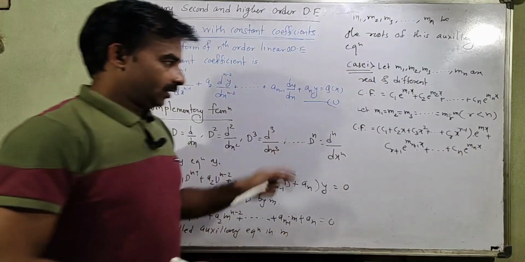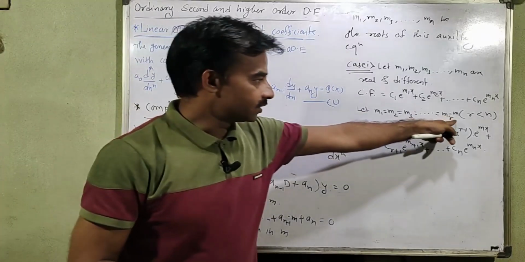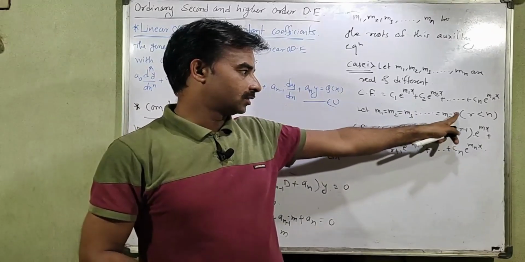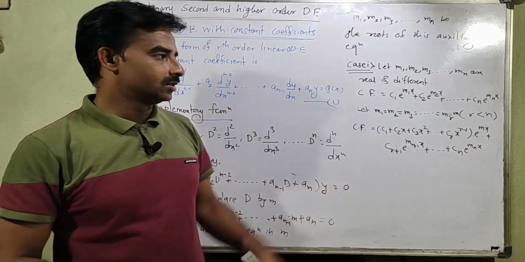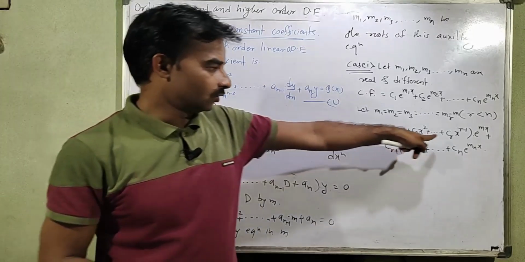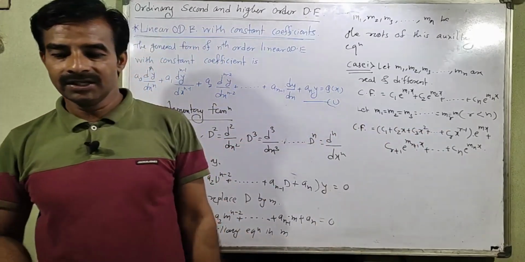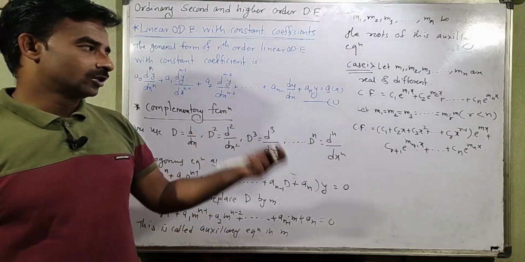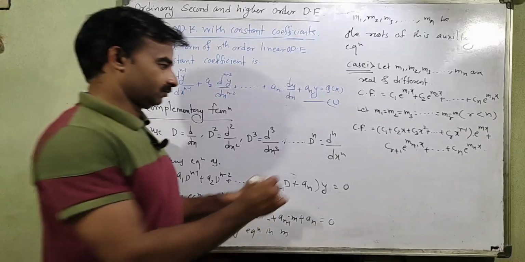When some roots are the same, that means m1, m2, m3 and so on up to mr are equal to m, then we go with this complementary function. We particularly go through just two roots being the same.